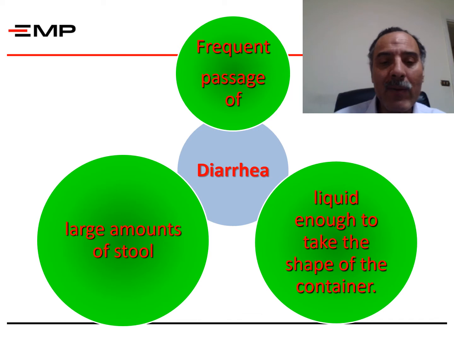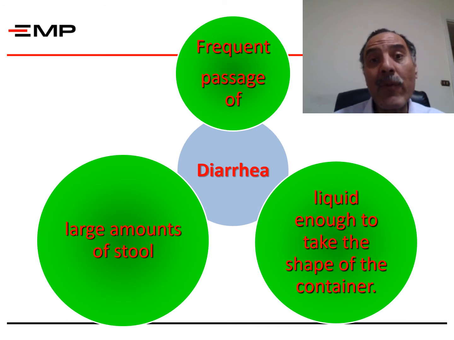It should be a large amount. However, how much frequent is frequent? We now know how much liquid is liquid, but how much is a large amount? In cases with breastfeeding, frequent passage will vary from those on formula feeding.